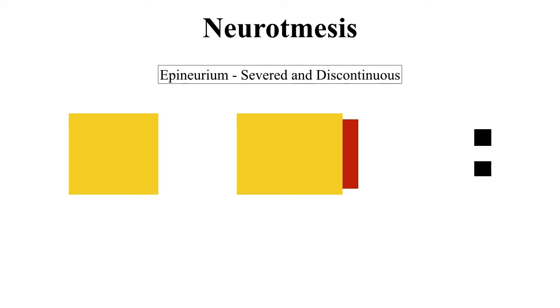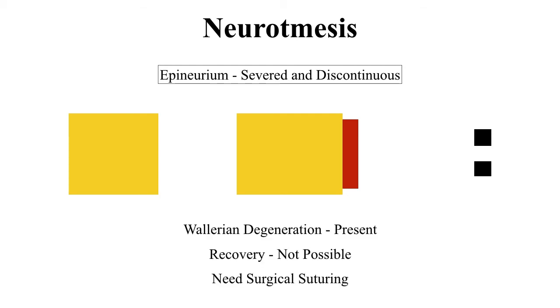And again, since there is a discontinuity of the nerve, Wallerian degeneration happens here. But here, recovery is not possible spontaneously because there is a complete anatomical separation and we need to suture the cut ends for the recovery to happen.